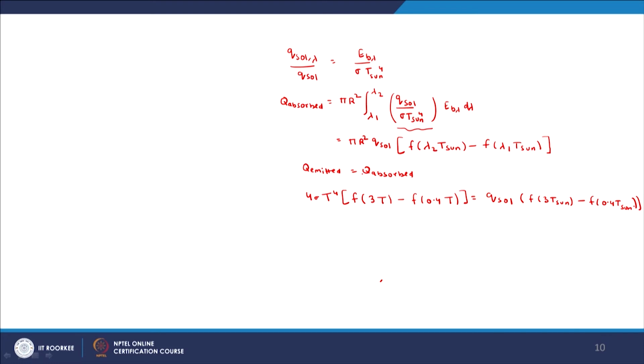We will apply an iterative method to solve for unknown T. And when we do that, we get the temperature of the sphere as around 600 Kelvin.